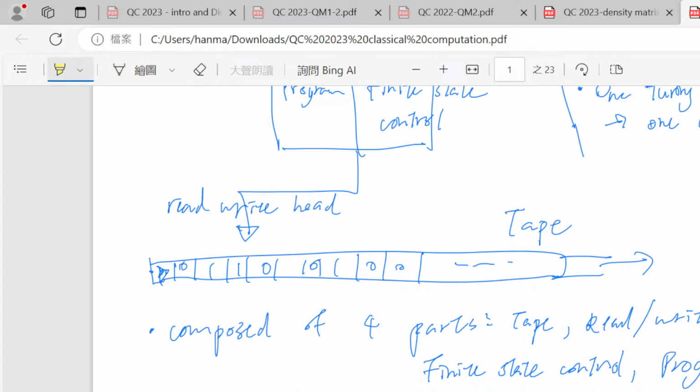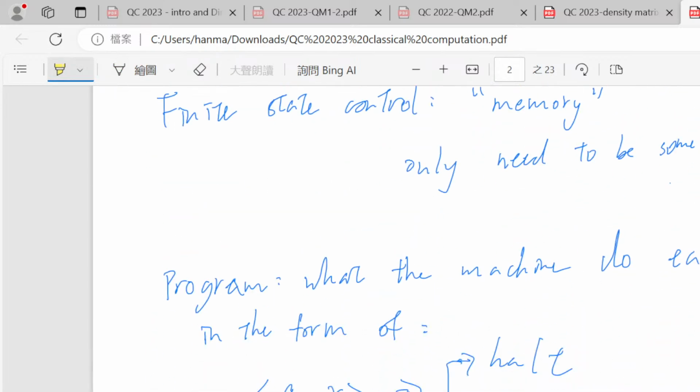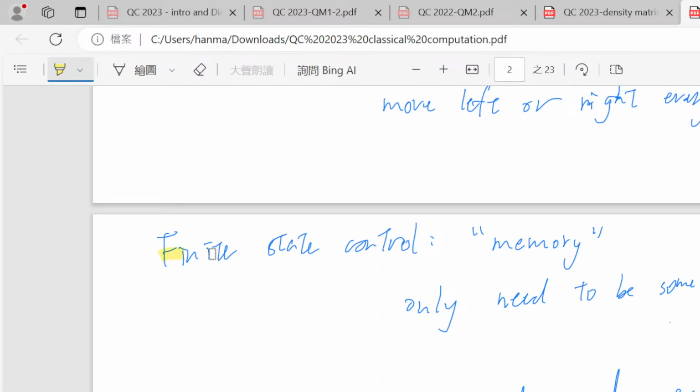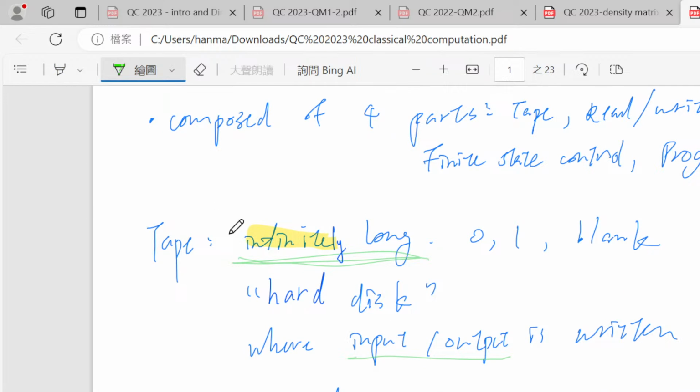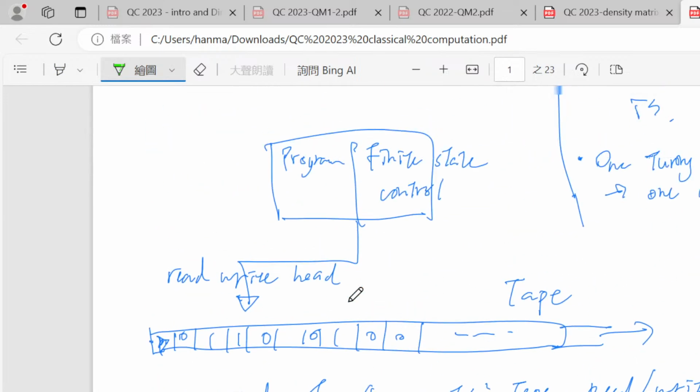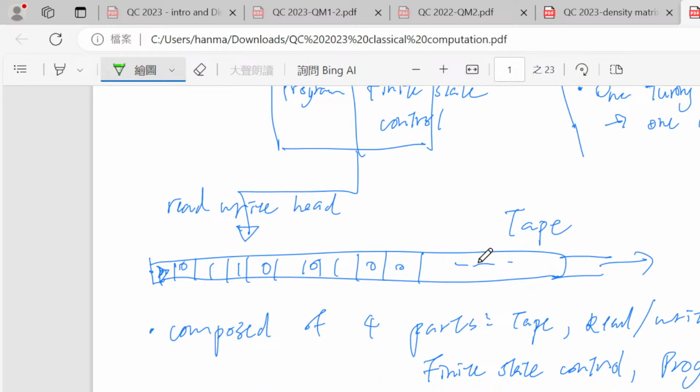The tape is infinitely long, but the finite state control is finite. This is kind of like scaling: an algorithm that solves a problem should have a finite size. It can have a lot of states, maybe 100, 200, 300, but it should be a finite number that doesn't depend on the input or output length.